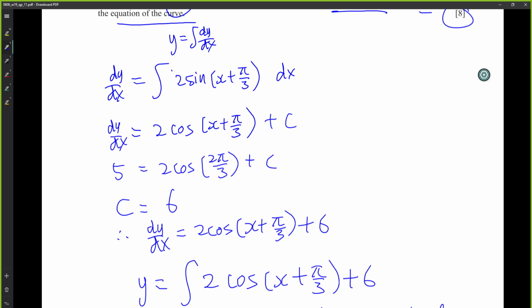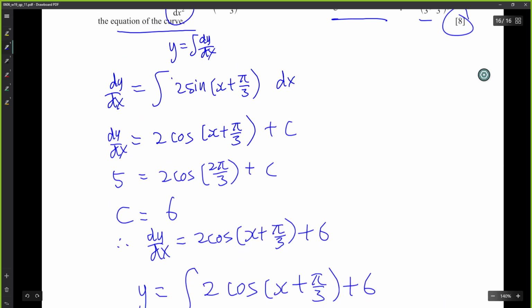Differentiate, it's integrate sine, right? No, I'm very sure I'm the one wrong. Because integrate sine actually gives us negative cos. So, yeah, this one becomes plus, right?